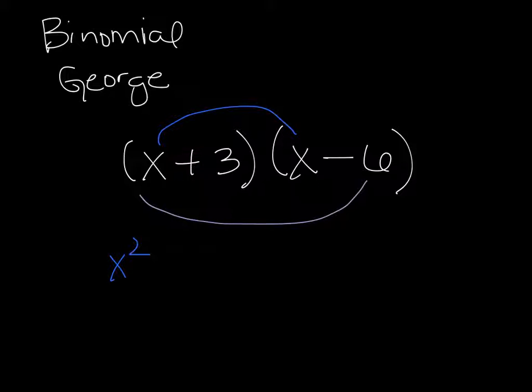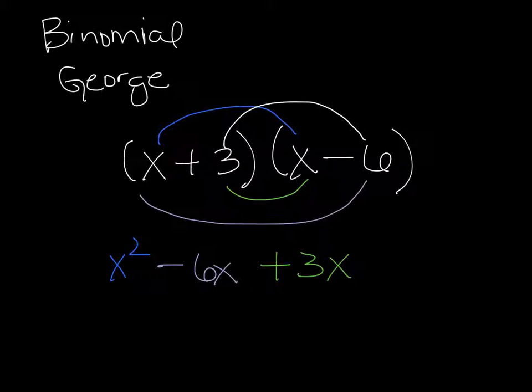So negative 6 times x is negative 6x. And then he said that we were going to do our inner terms, just like the I in FOIL. So 3 times x is plus 3x. And then my last terms, L, positive 3 times negative 6 is negative 18.